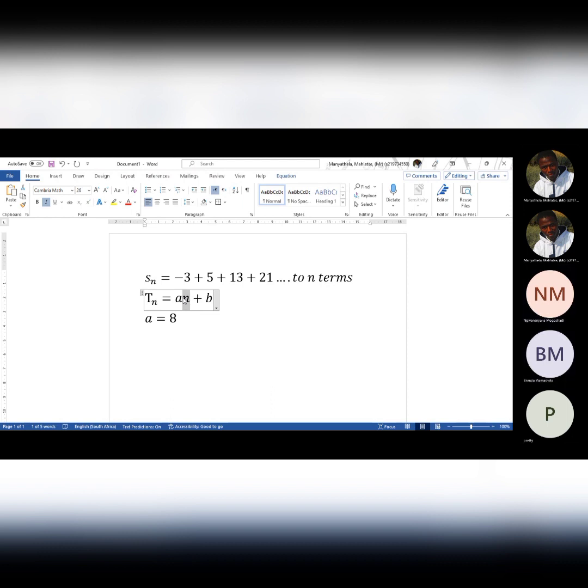Tn will be equal to your first term, which is negative 3.